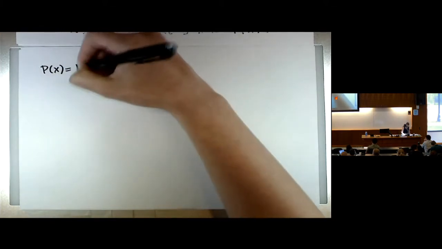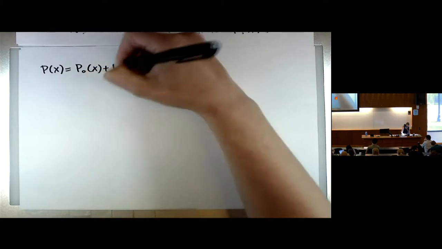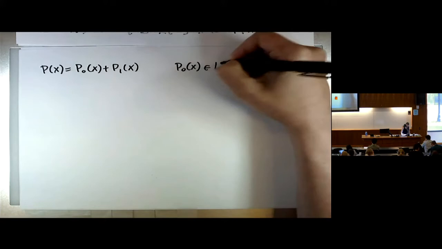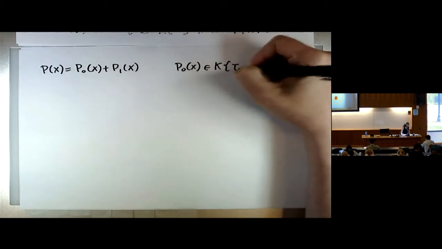So now I'm going to write my P as P naught of x plus P1 of x, with P naught of x in my twisted polynomial ring, right?